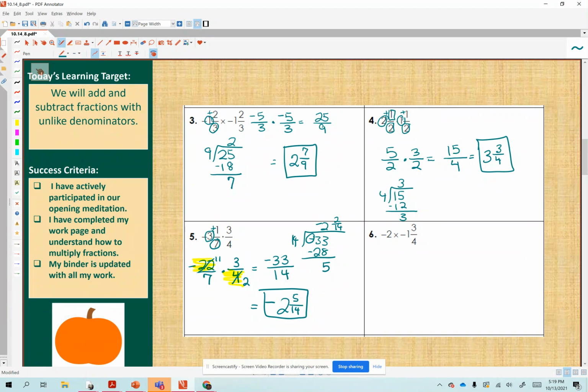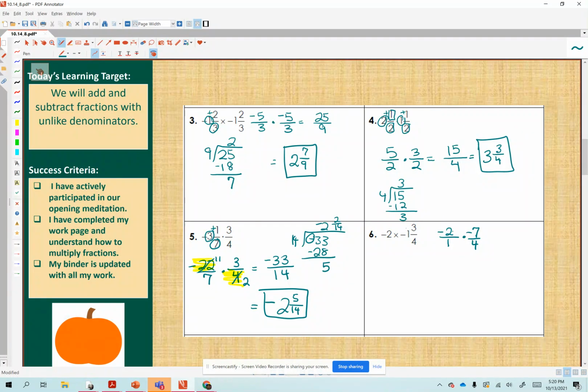In our next problem, we have negative 2 times negative 1 3/4. So we can represent that negative 2 as negative 2 over 1 times, and let's make an improper fraction from our 1 3/4. 4 times 1 is 4, plus 3 is 7. That's negative 7 over 4.